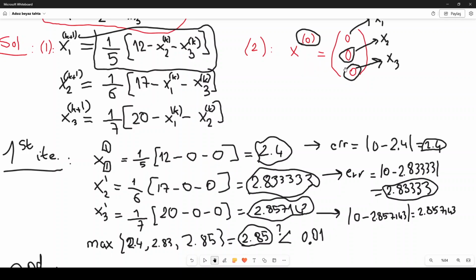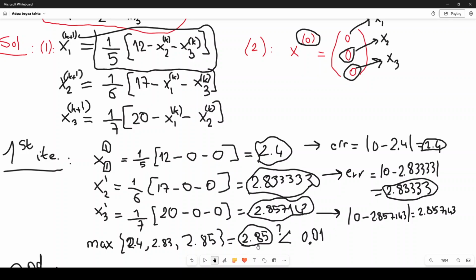In the beginning, all the values were selected as zeros, but now we have these newly obtained values, and I just take the difference and take the absolute value and see what I got for the rate for each of the unknown variables, and then I take the maximum of these errors, and I got 2.85 for the first iteration.